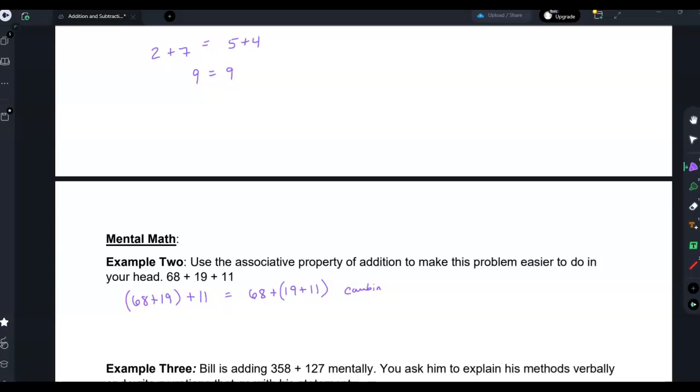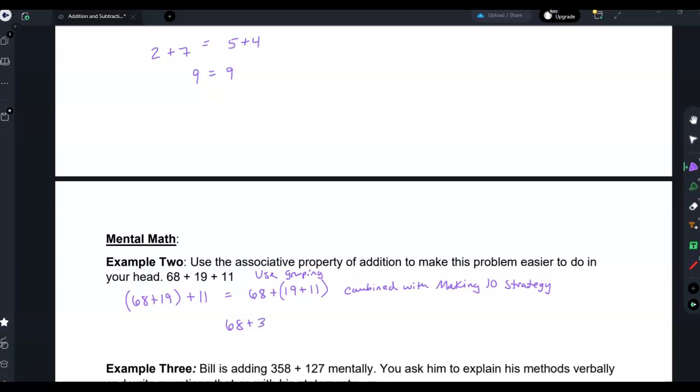So if I use the associative property combined with the making 10 strategy, I can say it would be easier for me to do 19 plus 11 first. Using the making 10 strategy, I can move 1 from 11 over with the 19 and it becomes 20 plus 10, which is a lot easier to do in my head.